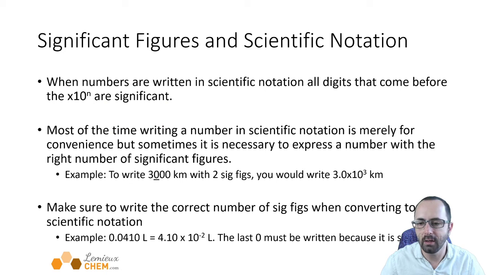What about scientific notation? Well, remember, I told you that when numbers are written in scientific notation, all the digits that come before the number 10 to the n are significant. So most of the time when we write a number in scientific notation, it's merely for convenience. For example, 3,000 kilometers.